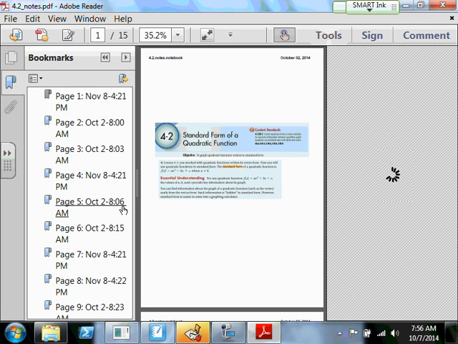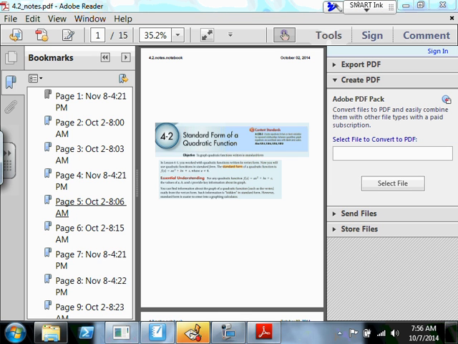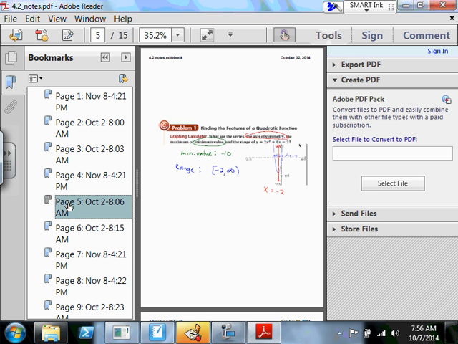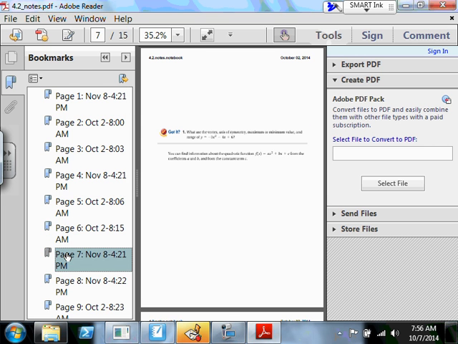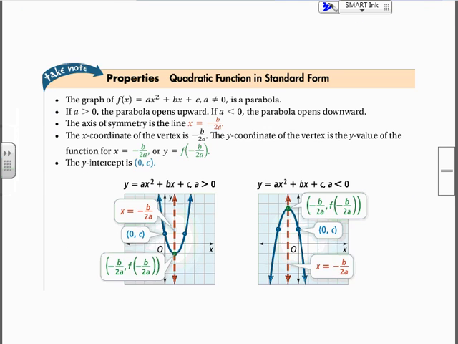Standard form. Let's turn my smart ink off here, it's going to mess me up. There we go. So standard form, we found h and k. Oh, there it is. Let me make that big enough for the world to see.